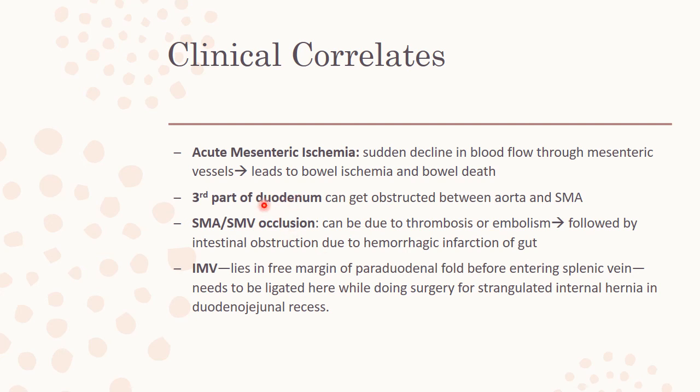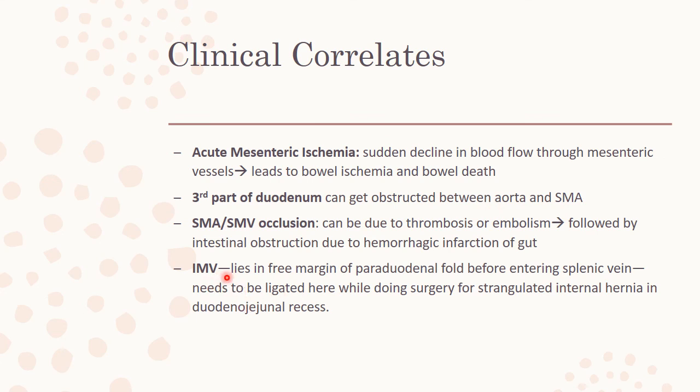Another important clinical correlate, which you will study in the duodenum as well, is that the third part of the duodenum lies like a nut between two tongs, and these tongs are basically formed by the aorta and the superior mesenteric artery. So this third part of the duodenum, which is lying between the aorta behind it and the superior mesenteric artery in front of it, can get obstructed in this region.